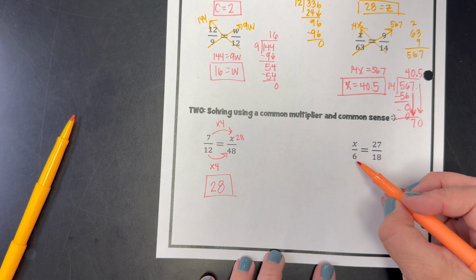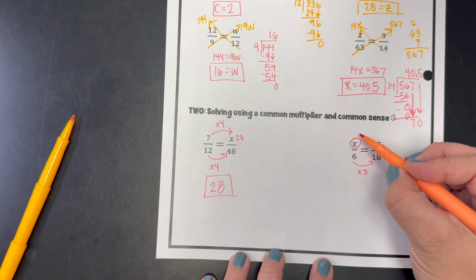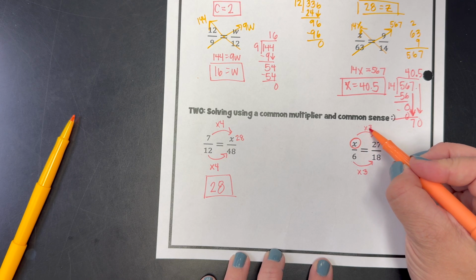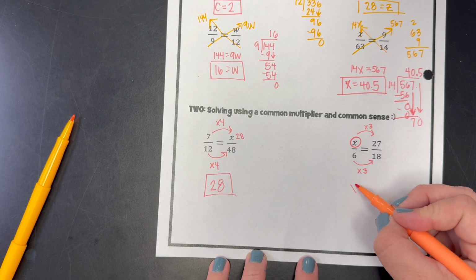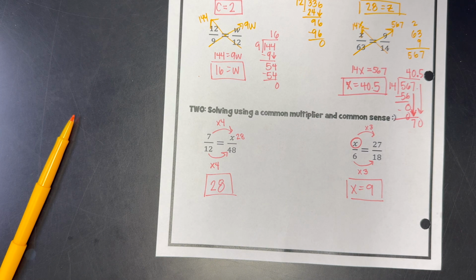Or on this one, I can say, hey, I know that 6 times 3 is 18. So what number could I put in here that times 3 gives me 27? And that would be x equals 9. So you can use a common multiplier and common sense, or if you're not sure, then you can go ahead and use cross products.